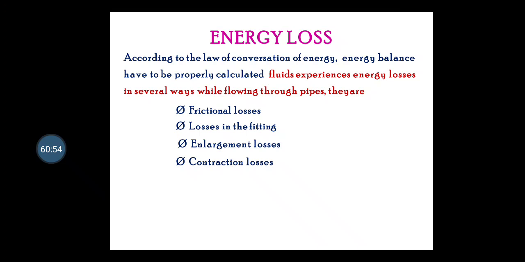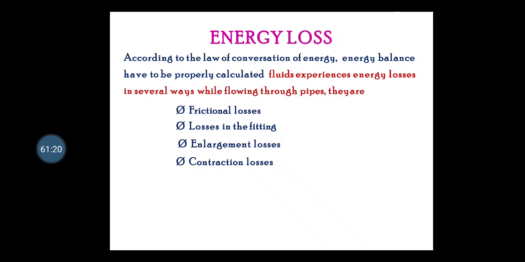However, if the change in the cross section is sudden, then energy loss occurs due to the formation of eddies, which is related to turbulent flow. For sudden enlargement with turbulent flow, the loss is given by various expressions or equations, which we're going to discuss later on.